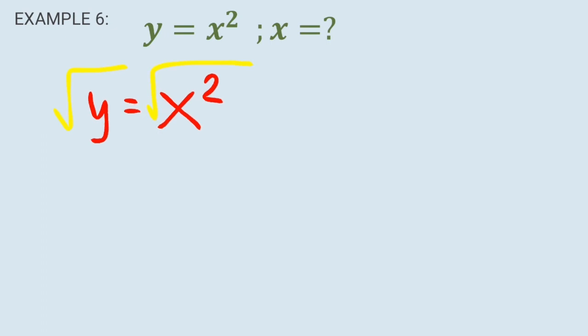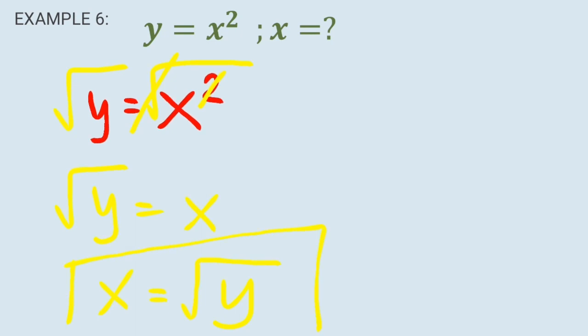Now we can cancel this out, and we are left with x equal to the square root of y. And by the symmetric property, we can interchange. We are allowed to interchange the sides of an equation without changing its value. This will be your final answer.